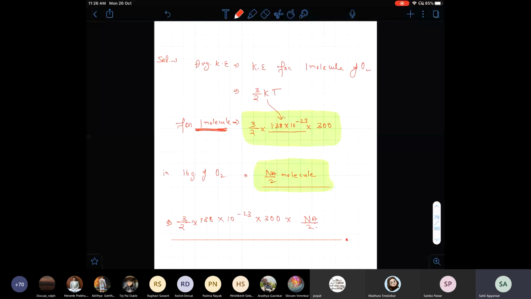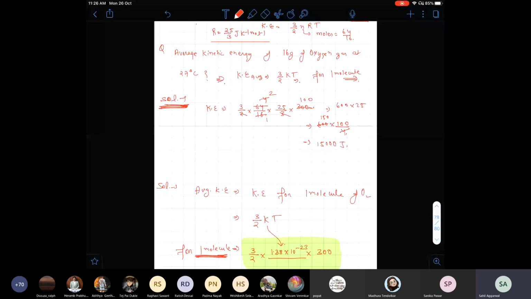I said we have to calculate average kinetic energy for 16 gram of oxygen gas at 300 Kelvin. Now, for average kinetic energy, we mean the kinetic energy of 1 molecule, right?